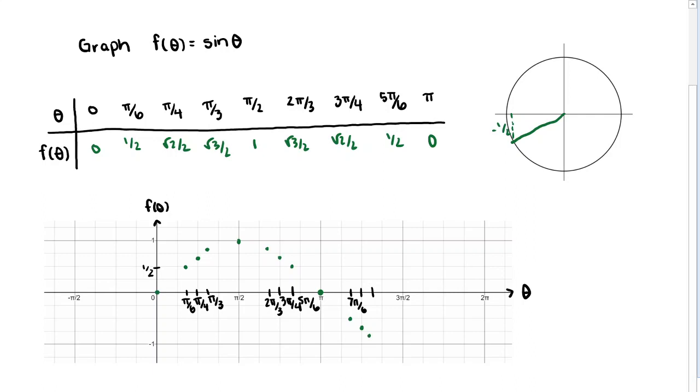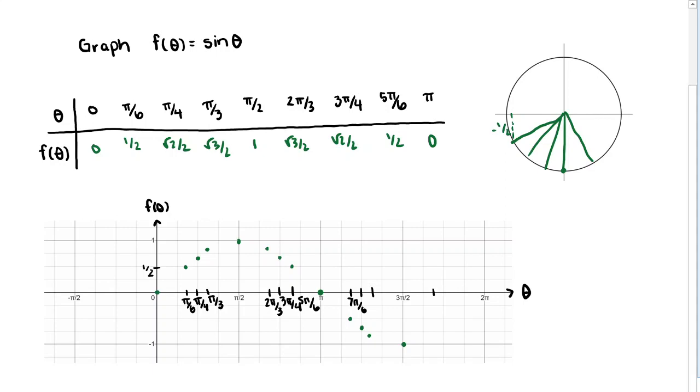And then at 3 pi over 2, we would end up at the bottom point on our unit circle with a y value of -1. Then at 5 pi over 3, we would have another 30, 60, 90 triangle. We'd be looking at the long leg length, but again, this would be in the negative direction.